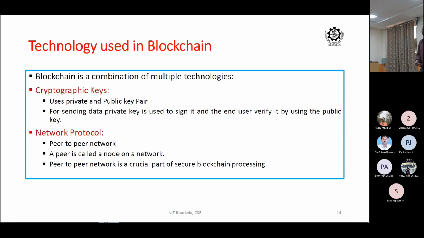So it's a peer-to-peer network, and every peer is called a node in the network. The peer-to-peer network is a crucial part of secure blockchain processing. Any peer that receives data sends it to his peers only after verification. If the verification fails, it is dropped. So it's secure.